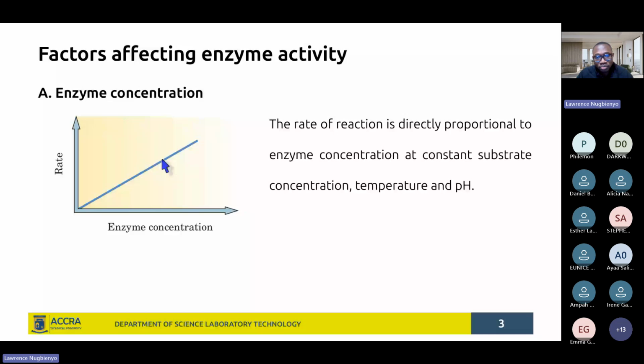And so you have more enzymes that will be acting on substrate molecules. So in that case, you'll be having more products that will be formed faster once you increase the amount of enzyme in a reaction mixture. That is in an enzymatic reaction. So the rate of an enzymatic reaction increases with increasing concentration of enzymes.